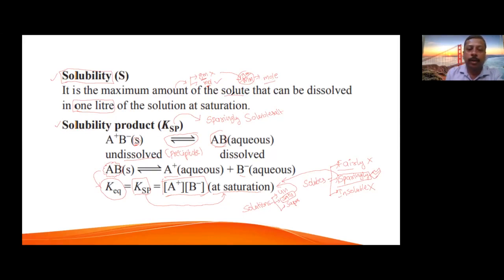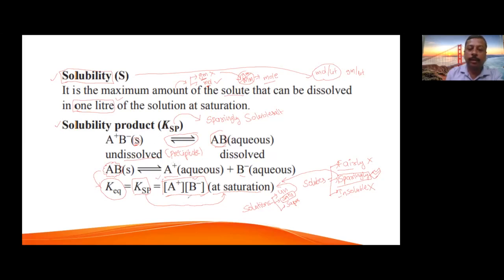And whatever the maximum moles we can dissolve in 1 liter is called the solubility. So what about the units of solubility? Solubility units will be either mole per liter or gram per liter. But the most preferred unit is mole per liter.